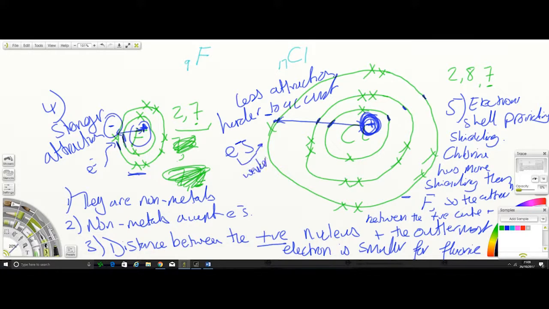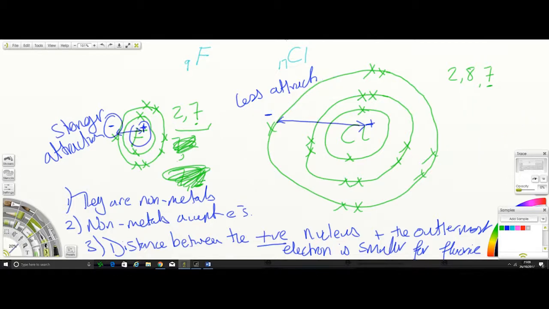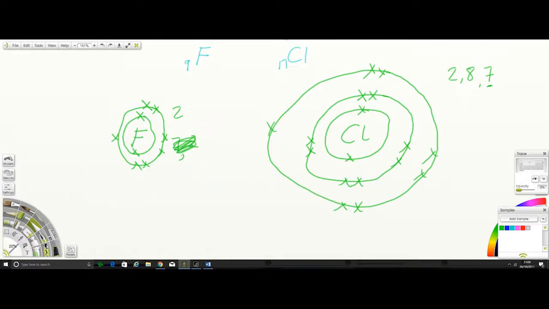Why is it weaker? For 2 reasons. Number 1 is the shielding, and number 2 is the distance between the positive center and the outermost electron shell. So you can apply this logic to all of them. If they ask you why is fluorine more reactive than iodine, it's the same thing. They could ask you why is bromine more reactive than iodine. It's the same principle.